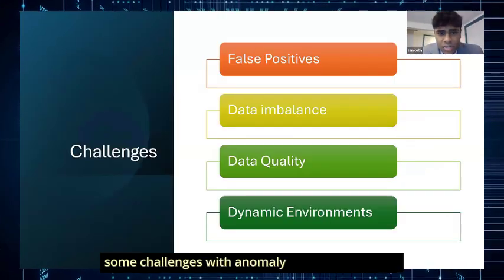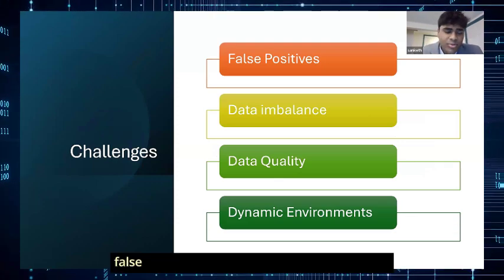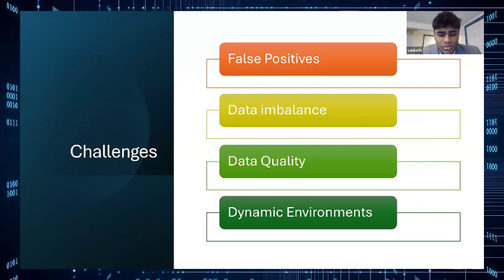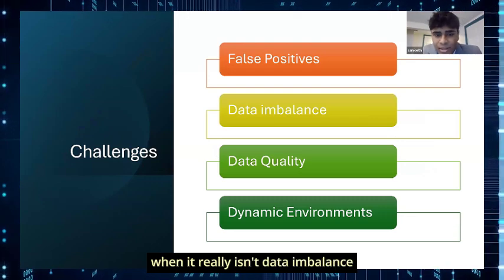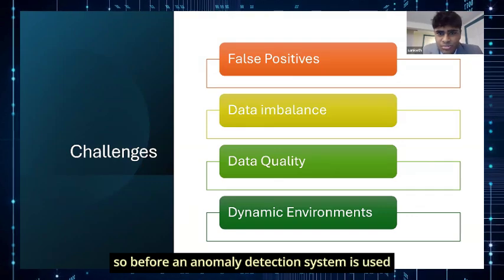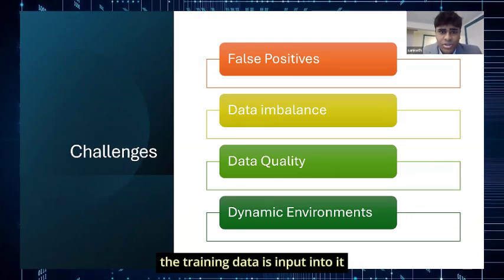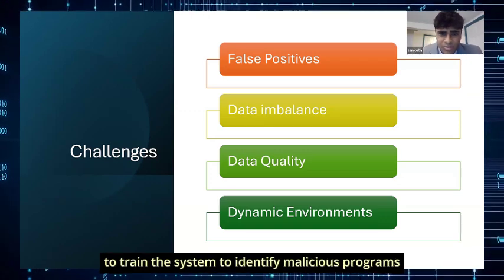Some challenges with anomaly detection, however, are false positives. False positives is when a detection system reports a program as malicious when it really isn't. Data imbalance. Before an anomaly detection system is used in the real world, training data is inputted into it to train the system to identify malicious programs.